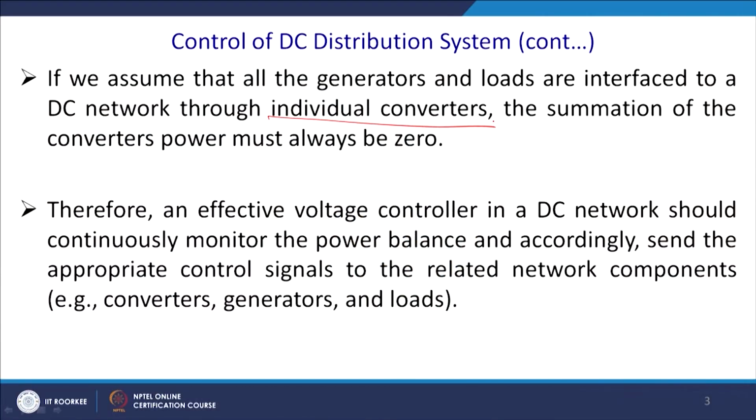We can assume that all the generators and the loads are interfaced to the DC network through individual converters. Of course, there can be a mismatch between the bus voltage and the input of a particular load. For example, if you are charging a laptop, it is 18 volt, and if you are charging a mobile, it is 5 volt.